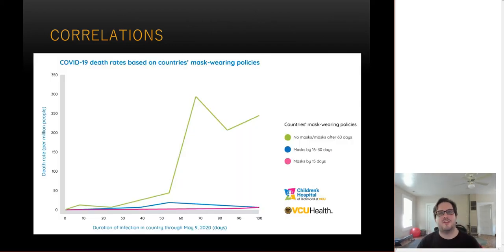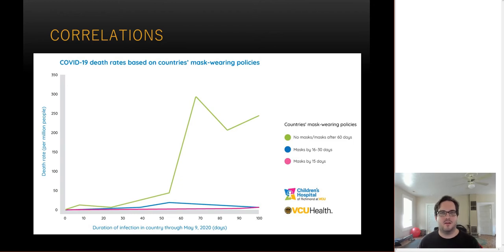Okay, so correlations are really cool, but they don't really get at what we really want to know. It's fine that political affiliation is associated with mask use, but we really want to know whether political affiliation is causing that mask use. Or more importantly, the bigger question is, do masks actually prevent the spread of COVID?